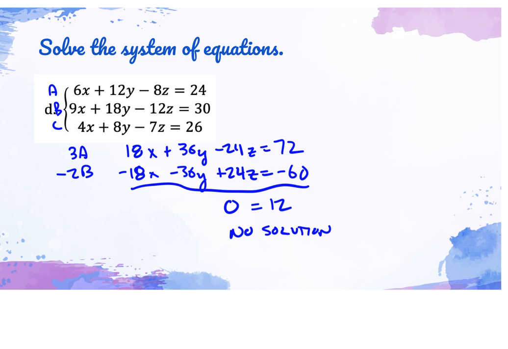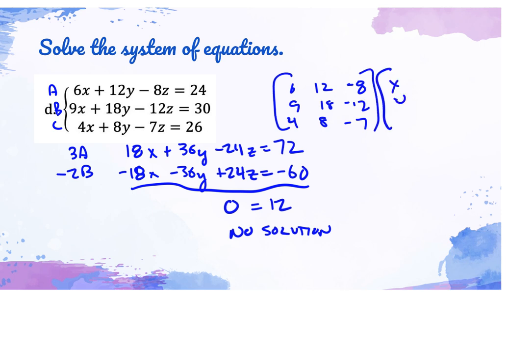If you come talk to me with your graphing calculator, I can show you how to do this using a matrix. Basically, the short version is you take all of the coefficients, all of the numbers, and that's all going to be multiplied by x, y, and z, and that equals your solutions, 24, 30, 26.